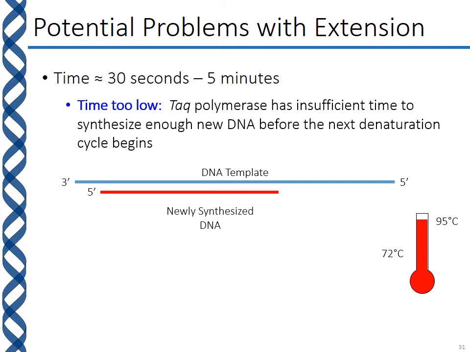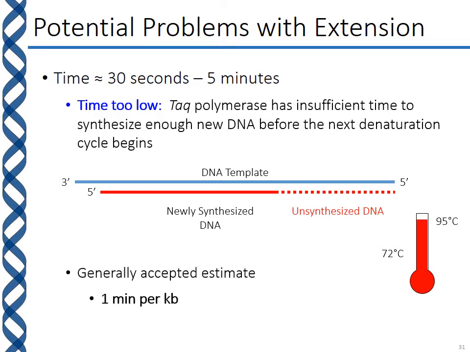And because that polymerase detached when the strands separated, now you have this entire region of unsynthesized DNA. And so if that was part of your desired target, shortchanging the extension step in terms of time will result in poor amplification, or at least incomplete amplification.